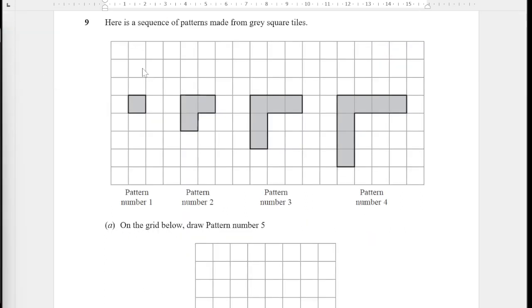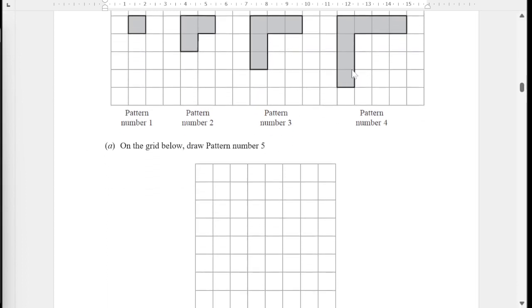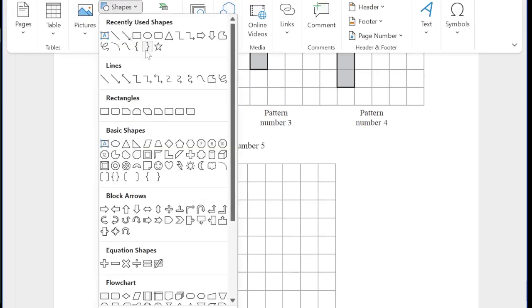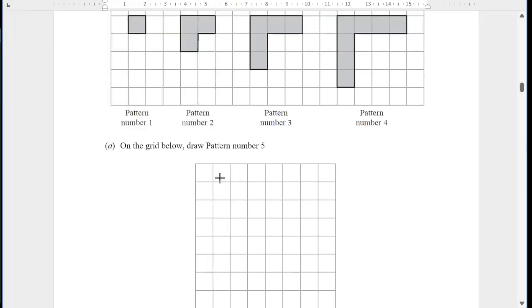Okay, question 9. Here is a sequence of patterns made from grey square tiles. On the grid below, draw a pattern number 5. So we're going to have 5 squares and 5 squares. So I'm going to use that. So I need to go 5 down.